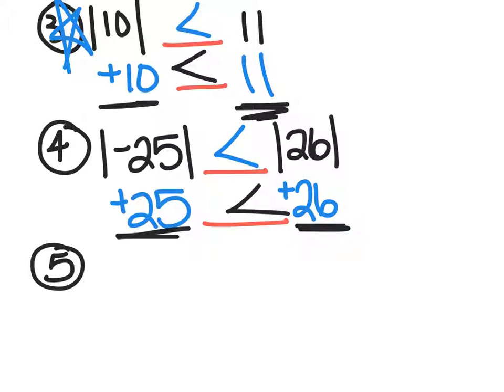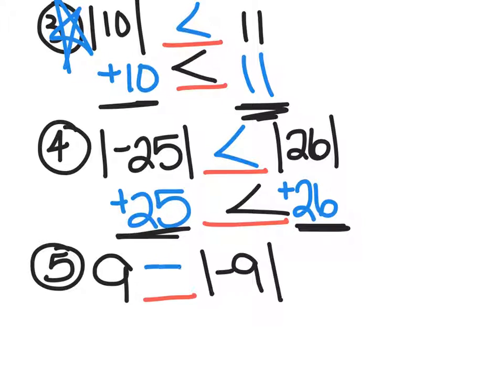Okay, so let's try our last example of this, number 5. Okay, so we're going to have 9 compared to the absolute value of negative 9. All right. So you should be looking at this, and you should be picking it apart like we did above, okay?